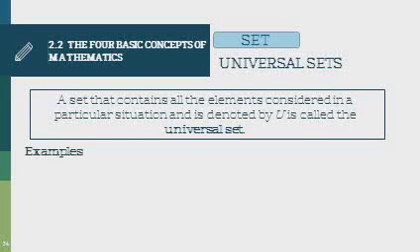Universal sets. A set that contains all the elements considered in a particular situation and is denoted by U is called the universal set.